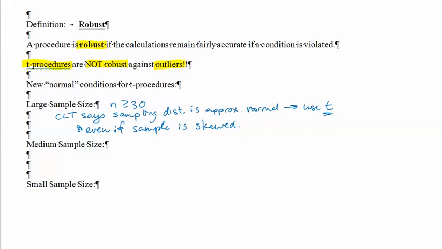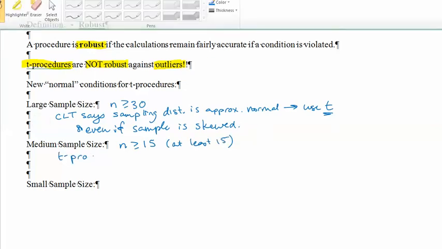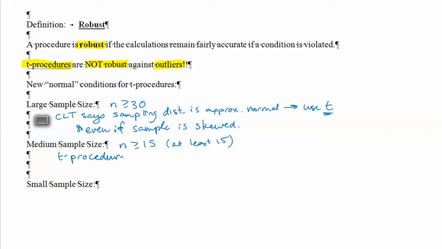For medium-sized samples, so n is greater than or equal to 15, t procedures can be used except if outliers or strong skew in the sample.